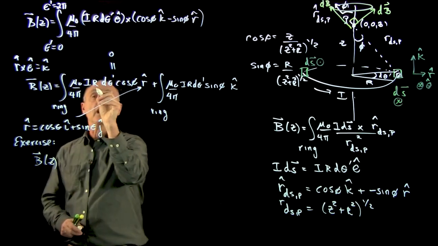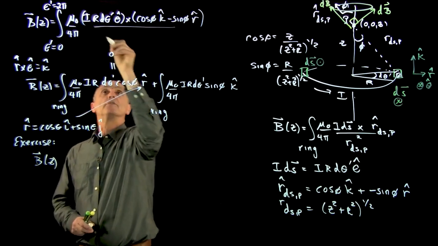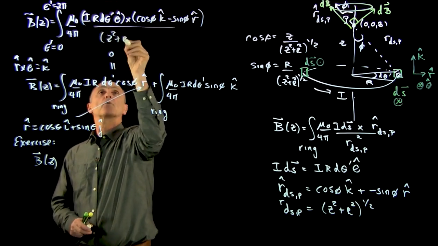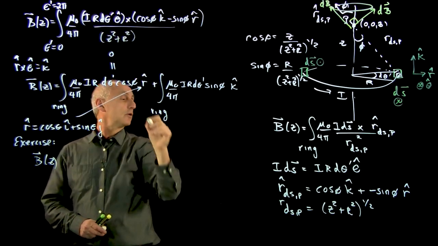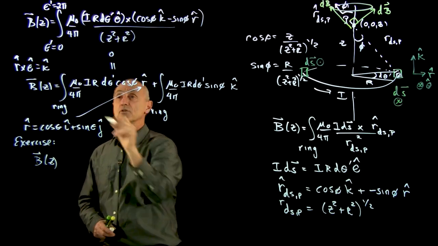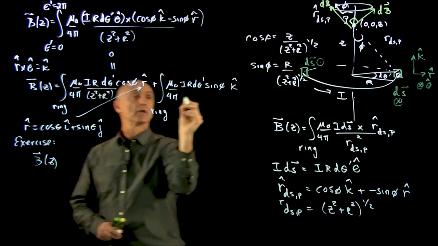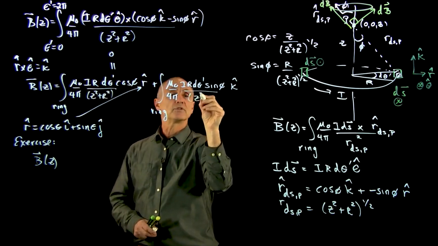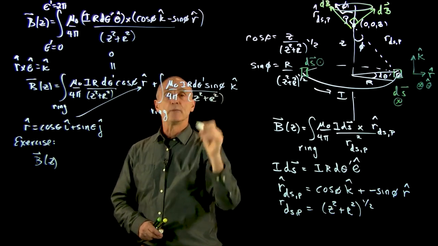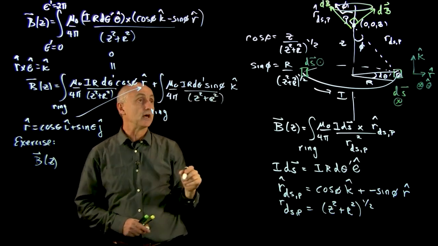By the way, we forgot, of course, the denominator, z squared plus r squared, which is the distance squared. So z squared plus r squared. And over here, we have z squared plus r squared. A good dimensional check showed me that I was missing that.